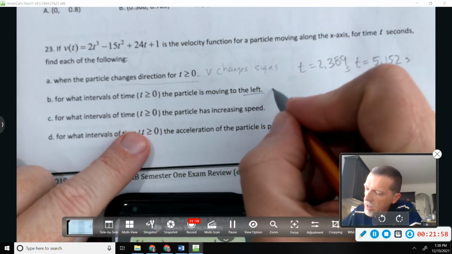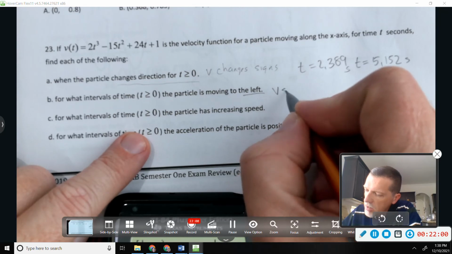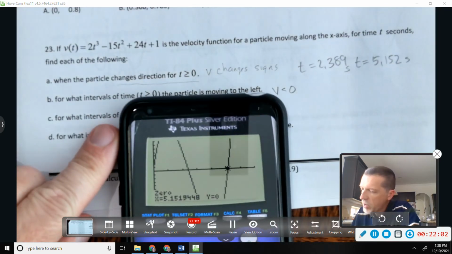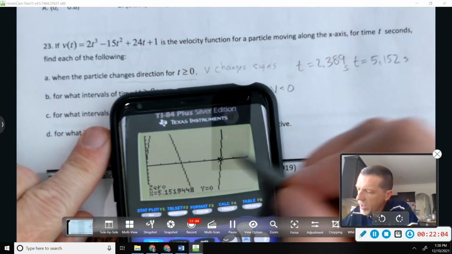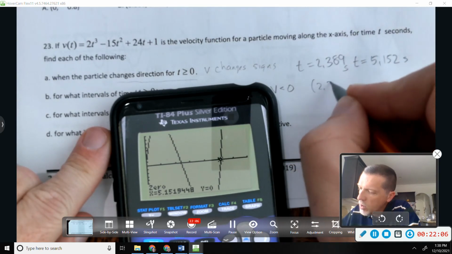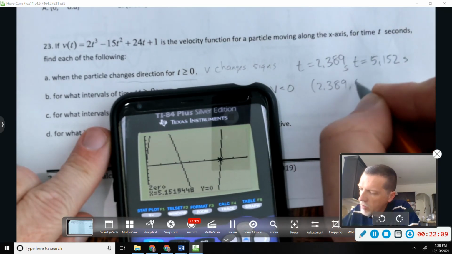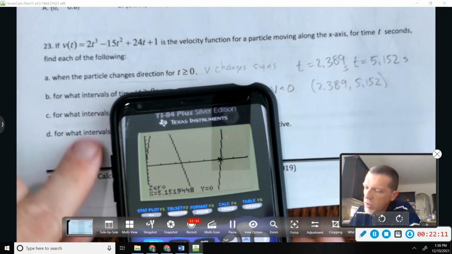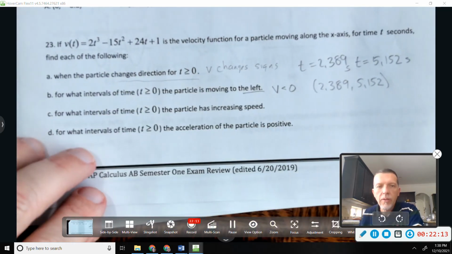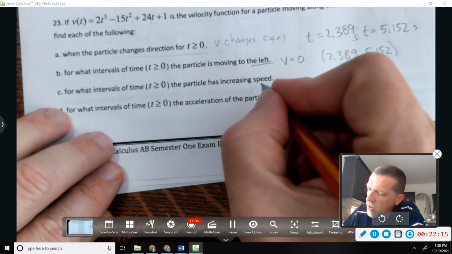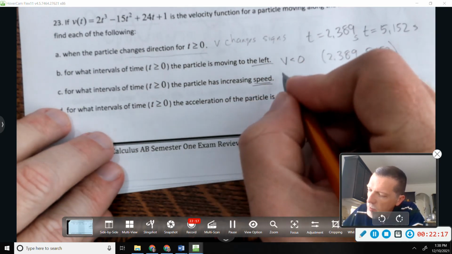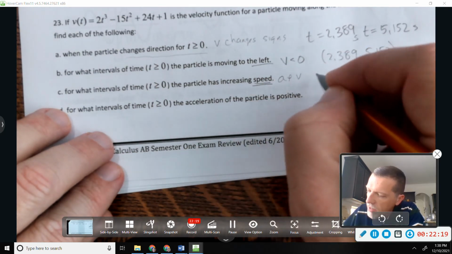Particle's moving to the left when v is negative, so I can look at my picture and just say v is negative in between those two points, 2.389 to 5.152. So no extra work required for that one. Increasing speed. That means A and V have the same sign.